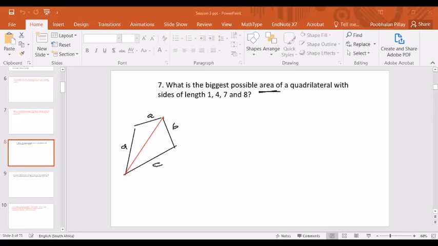Okay, now you guys are in grade 10, 11, and 12, and some of you, if you're in grade 11 or grade 12, you would have seen this formula.